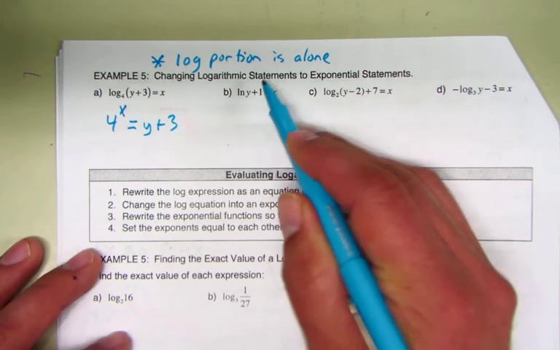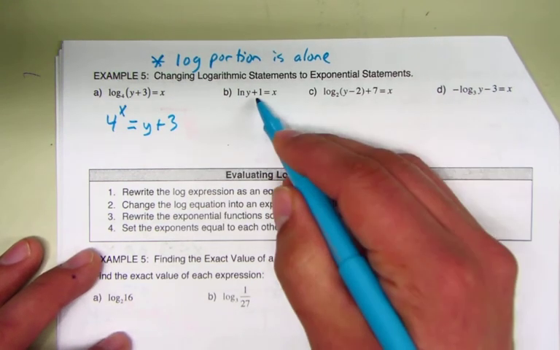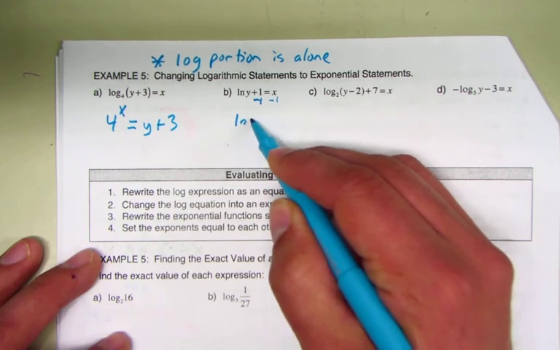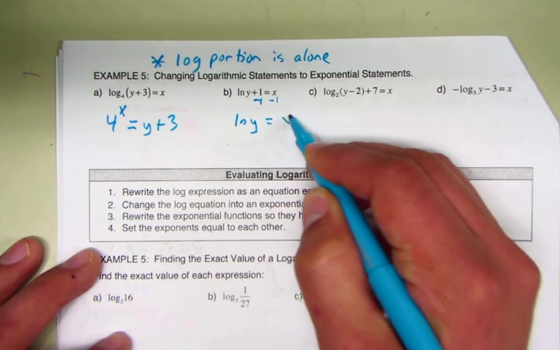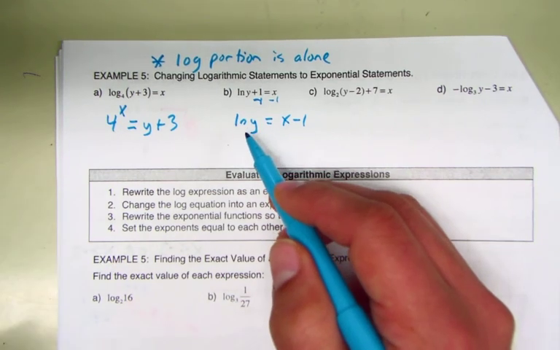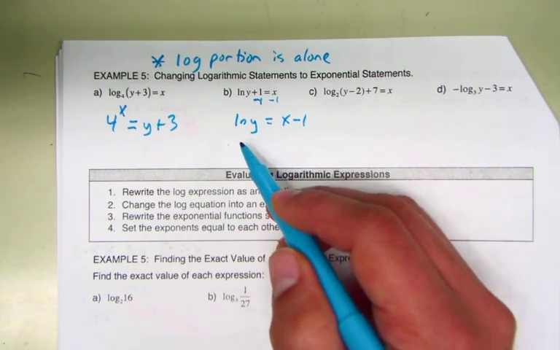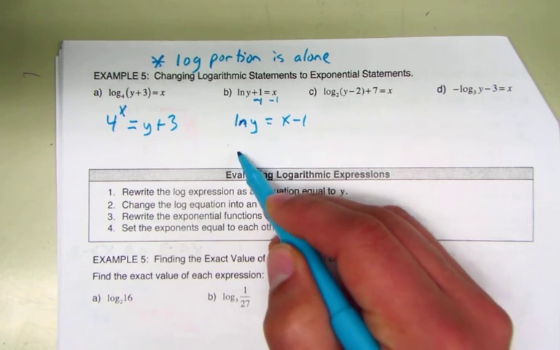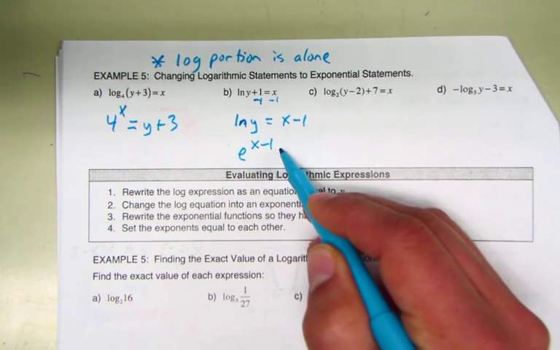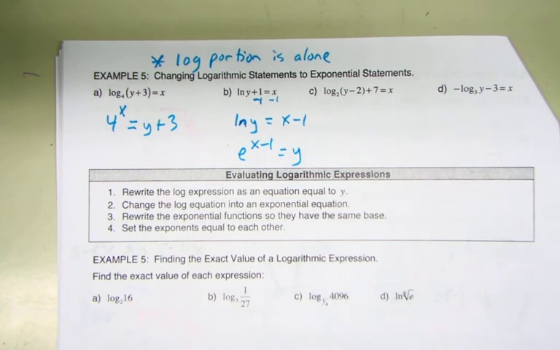So here, before we start switching things around, we're going to subtract 1 first. So now it's ln y equals x minus 1. Now that the log part is alone, now we can switch it to exponential. So what's the base? E. What's the exponent? X minus 1, and that's going to equal y.